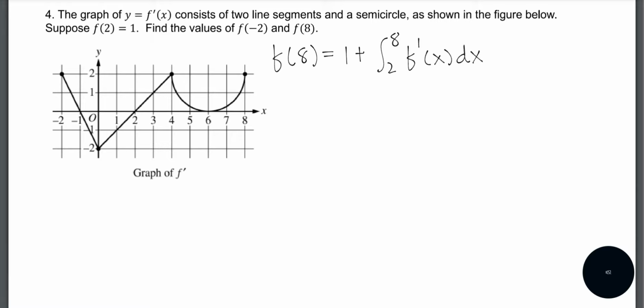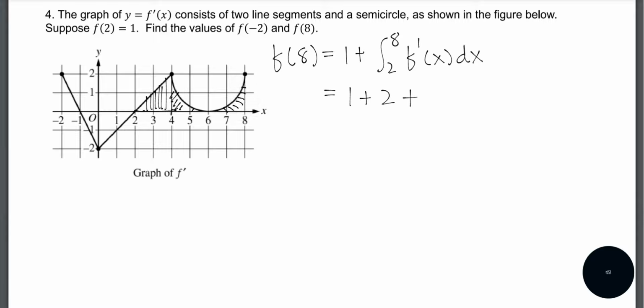I need to actually do the geometry here. The integral from 2 to 8, I'm thinking about this triangle right here. That's half of 4, which would be 2. And then over here, the area under this is going to be a rectangle minus a half circle.